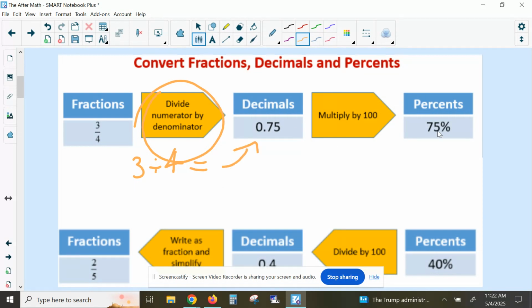Now remember, if you want to change to a percent, you just times that by 100, and you're going to get this. Also, you know the trick of moving it 2 decimals to the right because you're multiplying by 100, because percents are out of 100. 2 decimals to the right. Boom, boom, and you get 75%.